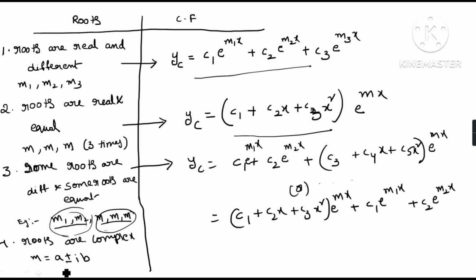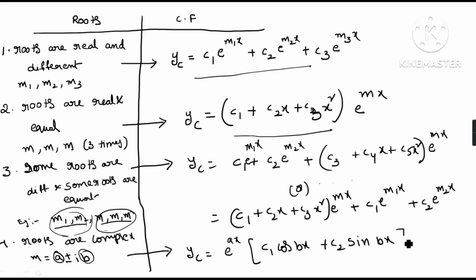So if the root is of this form, how to write yc? Yc equals, a is the real part and b is the imaginary part. So yc equals e power ax into (c1 cos bx plus c2 sin bx).